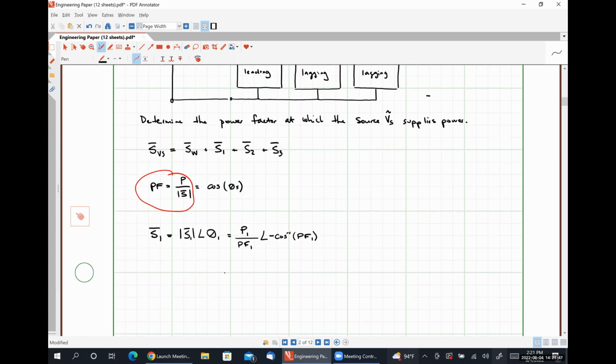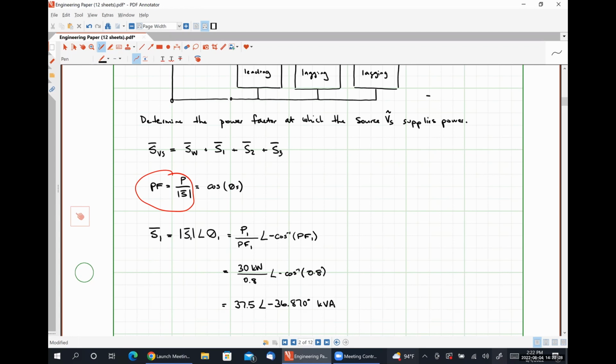If I put in my numbers, what I get is 30 kilowatts divided by 0.8 with an angle of negative inverse cosine of 0.8, and this comes out to be 37.5 angle negative 36.870 degrees kilovolt amperes, because we're dealing with complex power now.